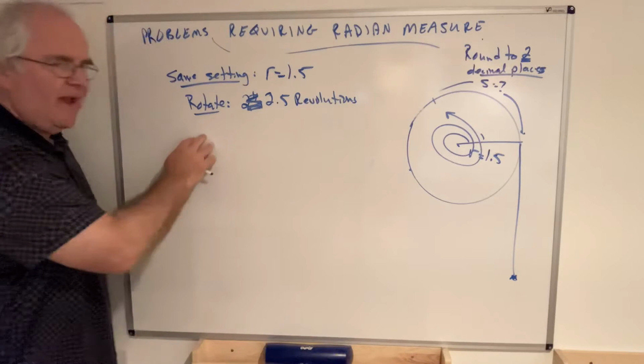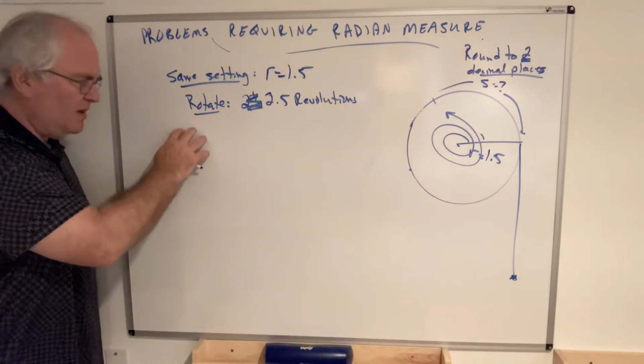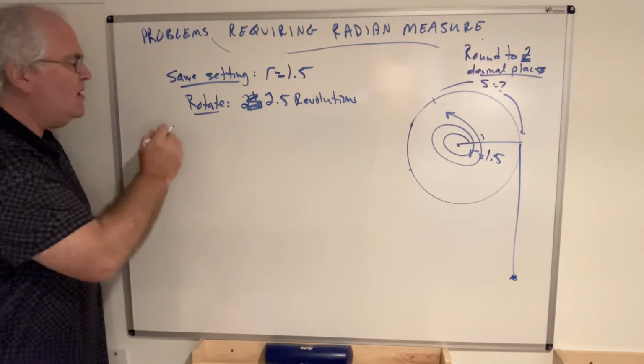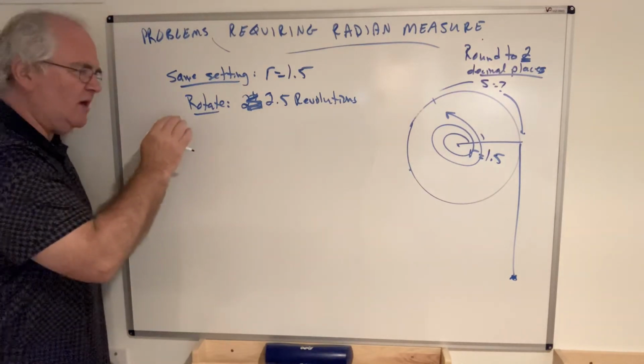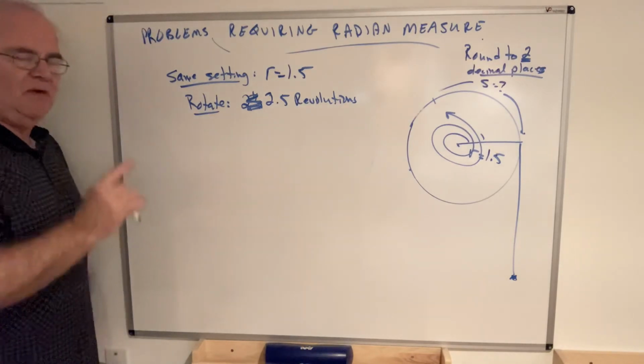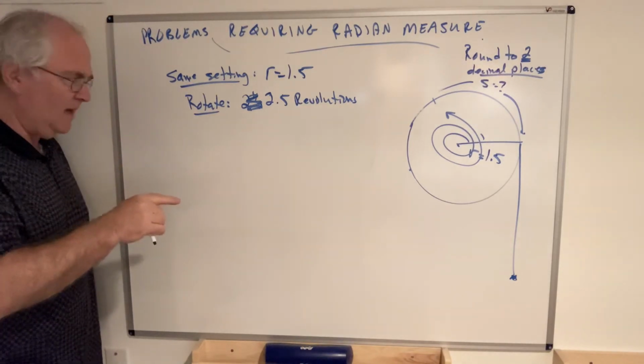Or we could set up a proportion similar to what we did before. Rather than convert between radians and degrees, we can convert between revolutions and radians.